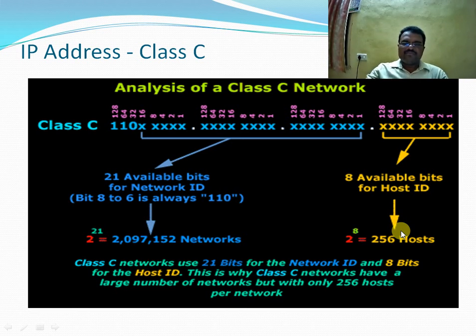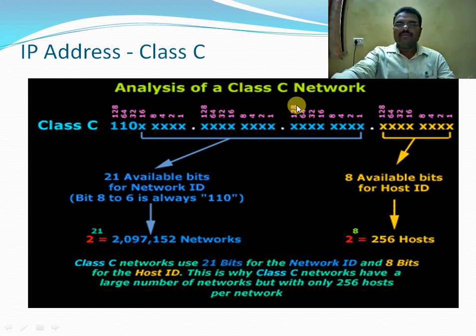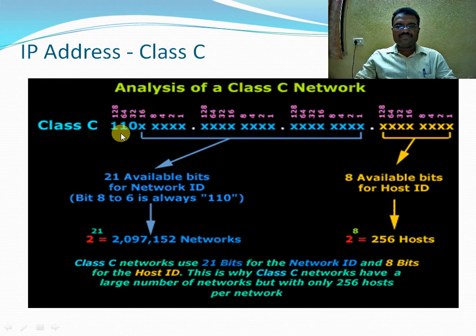And if we analyze a class C network, here 21 bits are available for the network ID. The first 3 bits are always 110, and the remaining 21 bits give 2 to the power of 21, which is equivalent to 2,097,152 networks, and the 8 available bits are used for host ID, that is 2 to the power of 8, which is 256 hosts.